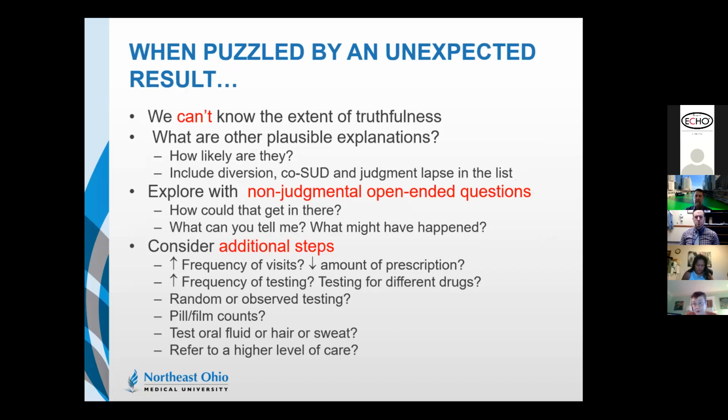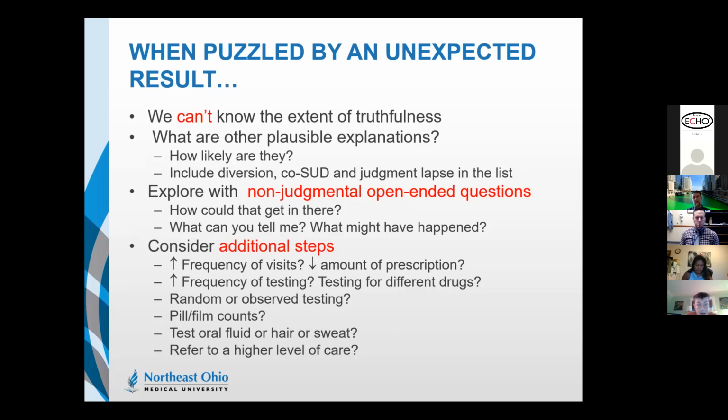If a positive test shows up, we ought to explore it with non-judgmental, open-ended questions, and look with the patient for other plausible explanations for that unexpected positive test, and consider diversion, co-substance use disorder, and judgment lapses in that list. That's that slip that people will talk about in AA. That's part of the natural history of substance use disorder.